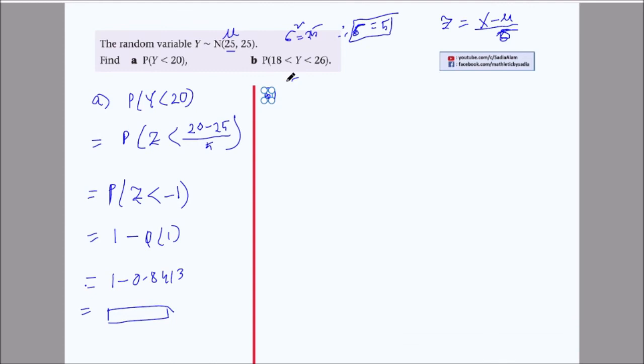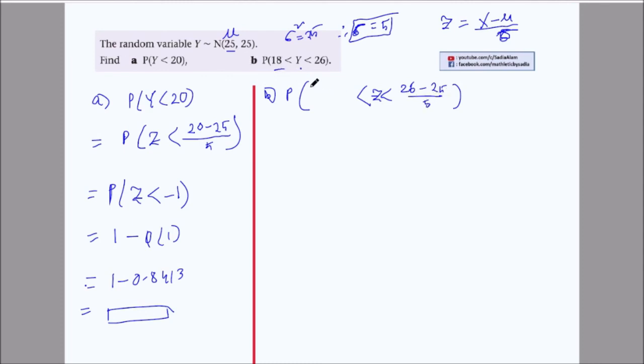So it's similar to the thing we do in range, but at first we need to convert them into z, right? So let's convert them into z. So instead of writing y, I will use z here. So this 26 will be 26 minus mean by sigma.